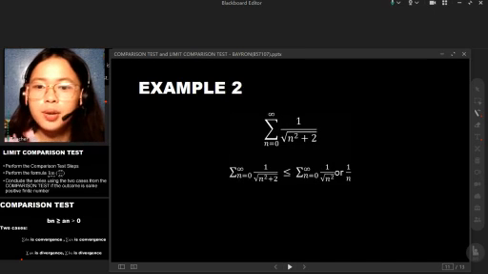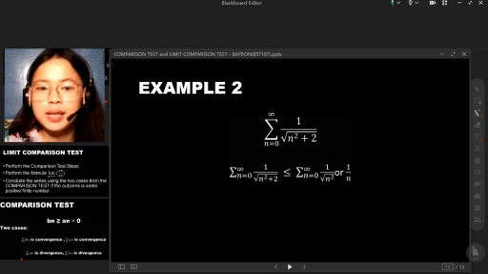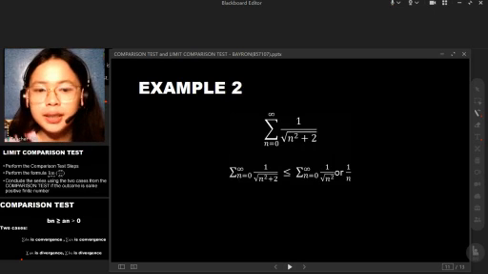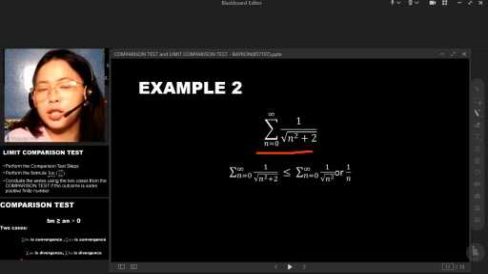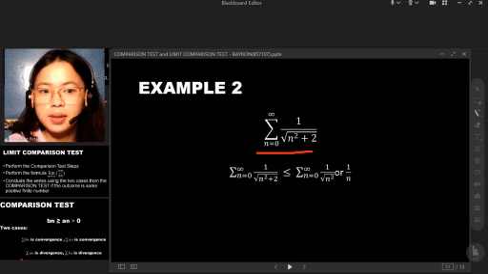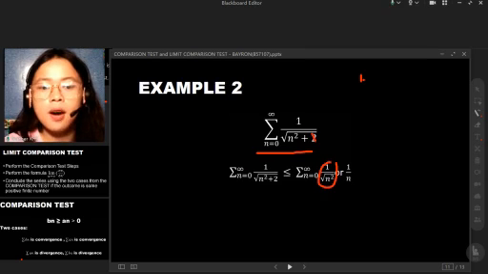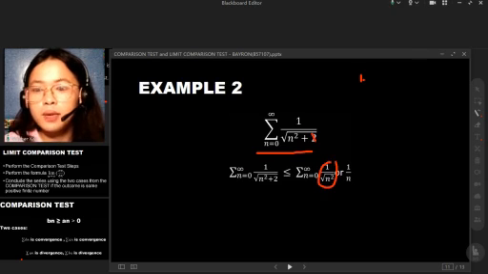Now, we're going to have example number 2. We have here this series. We're going to construct its comparison, so we simply crash out the big values. It comes out like this: 1 over n times the square root of n squared.